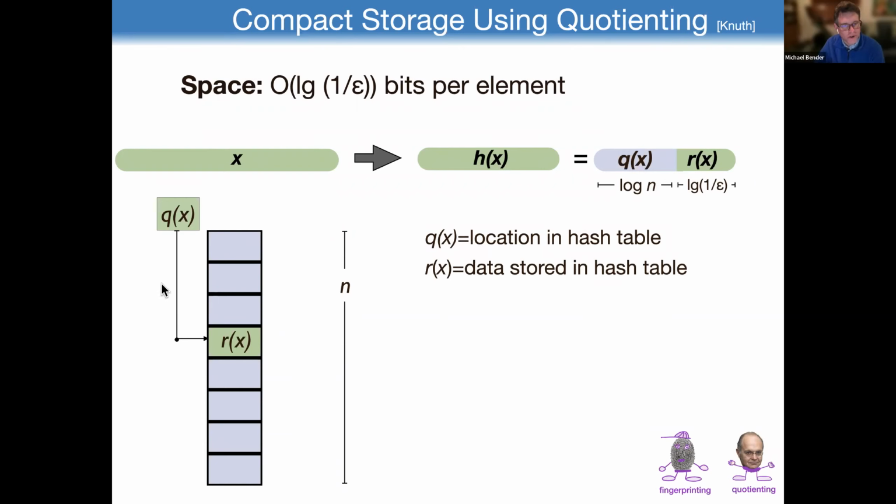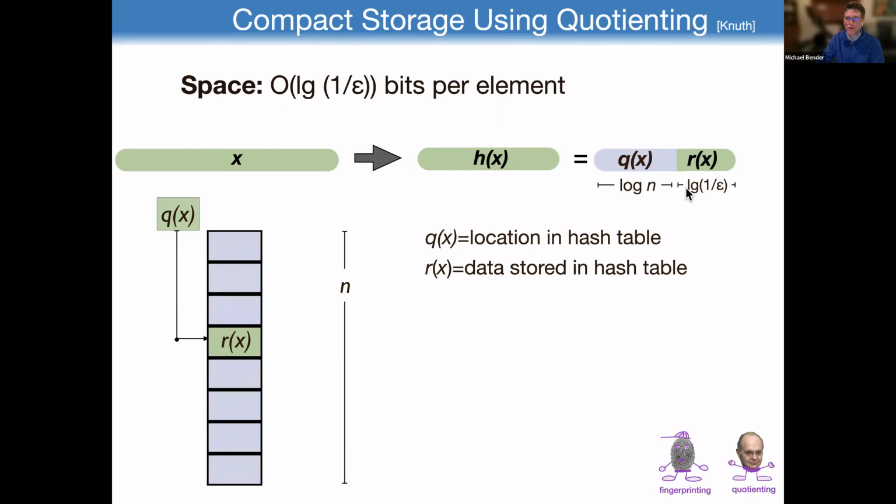Actually, maybe I should show you on this picture here. So in order to store one given element, Q of X is going to determine a location in the hash table. So we've got some hash table of length n. So it takes log n bits to determine a location in the hash table. And so once we have this location in the hash table, now we're storing these Q of X bits implicitly, and all we need to do is store the remainder.